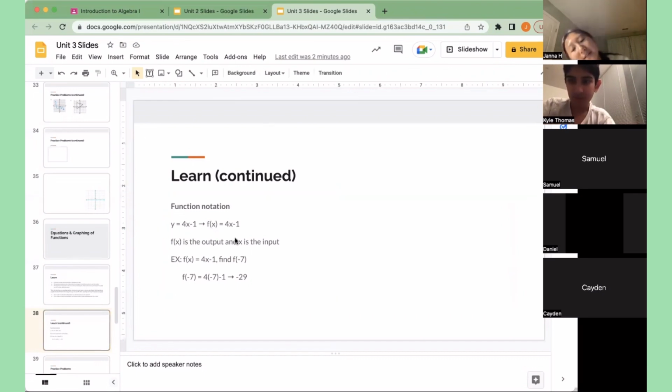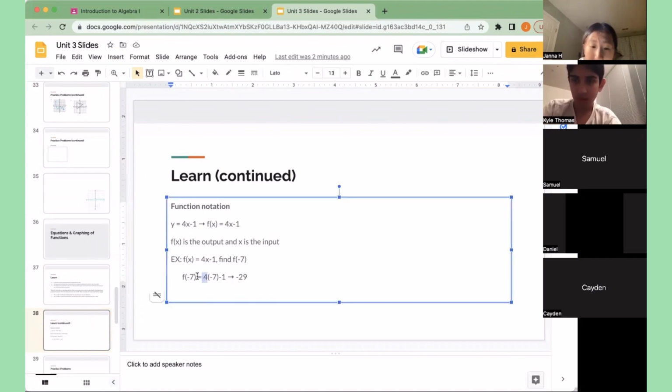So again, f of x is the output and x is the input. For example, if you put f of -7 and you replace all the x's in the equation with -7, you get -28 minus 1, which is -29. So again, this depends on this equation.